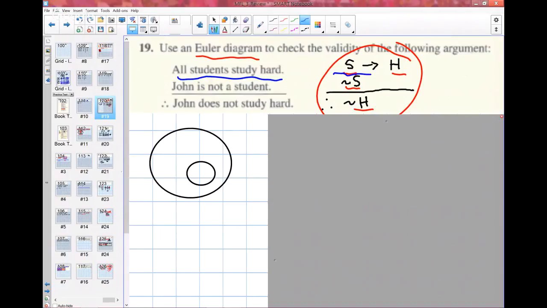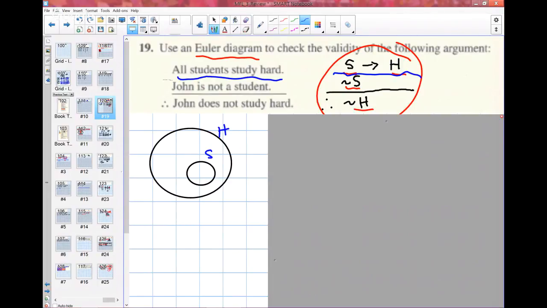This is my translation of that right there. John is not a student, therefore John does not study hard. Okay, all students study hard. I drew that this way. If you're a student, then you study hard. Remember, the if part has to be on the inside.